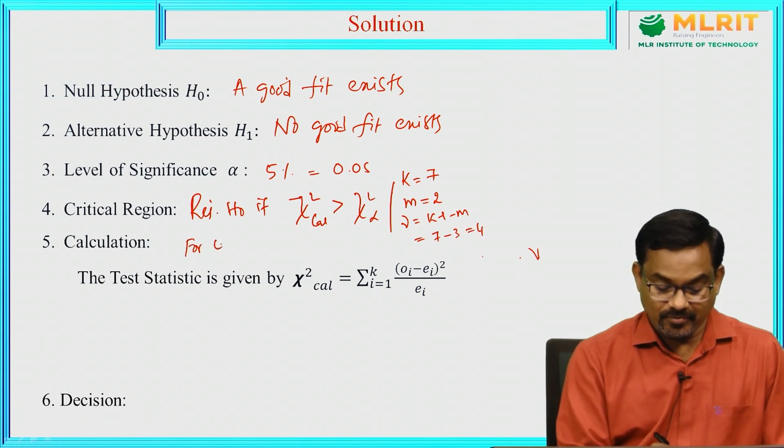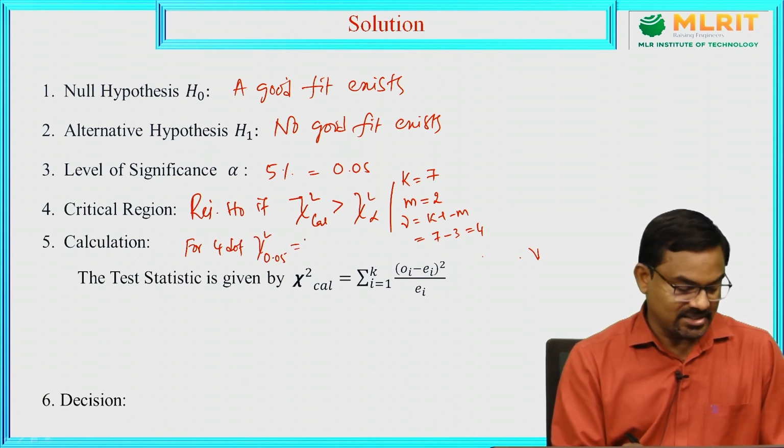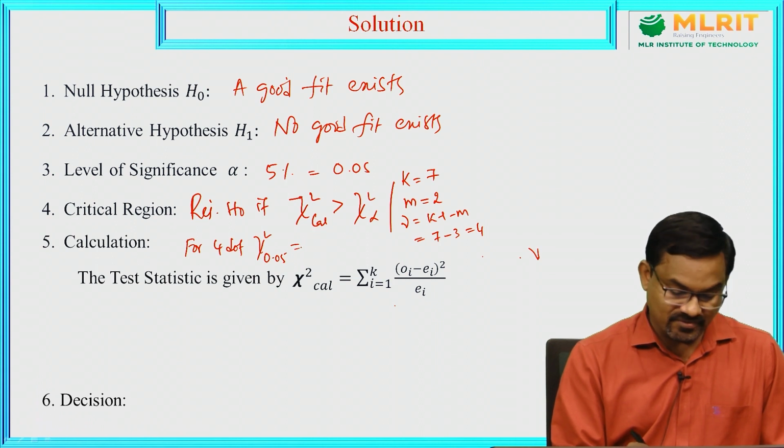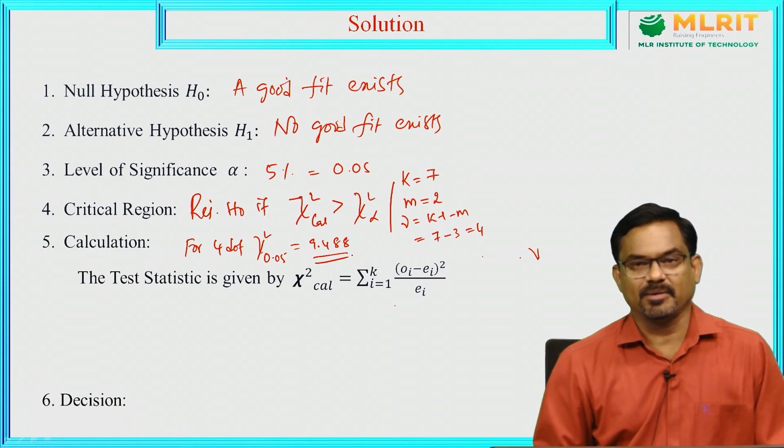So, for 4 degrees of freedom, chi-square 0.05 from the chi-square distribution table is 9.488. This is the tabular value.